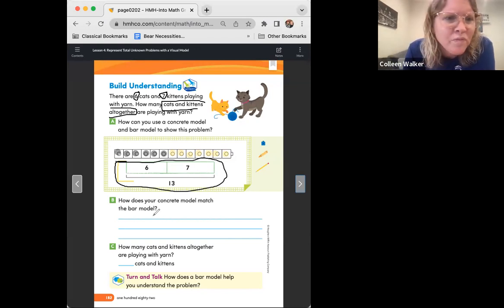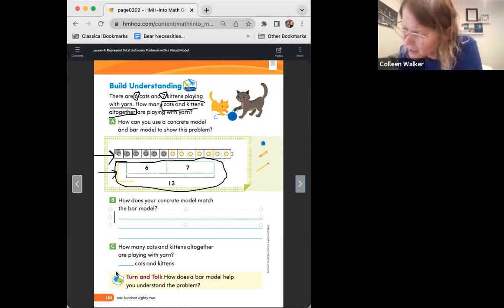That's right. So we have to explain how our concrete model, that one right there, matches our bar model. Let's go ahead and explain it.